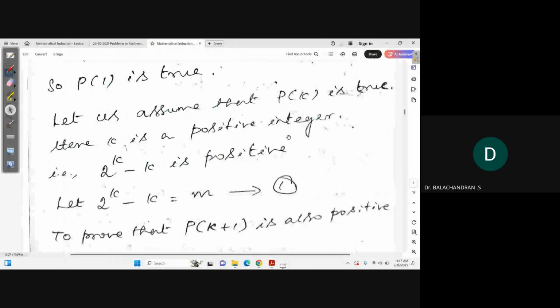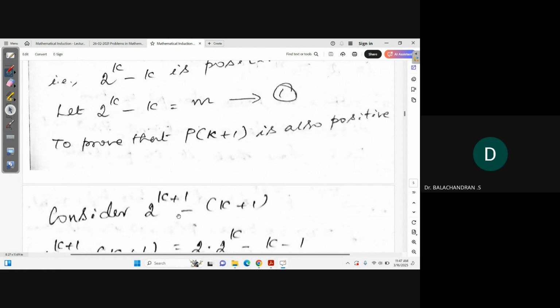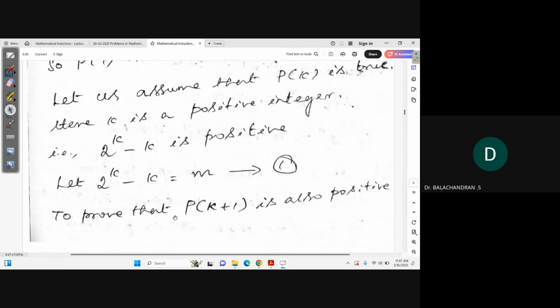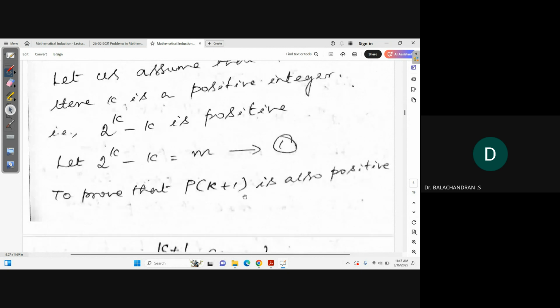Next step. Now we are going to prove the statement is true for n equal to k plus 1. We need to prove P of k plus 1 is positive. So I am going to consider n equal to k plus 1 and put it in P of n: 2 power k plus 1 minus k plus 1. I want to show that it is greater than 0.